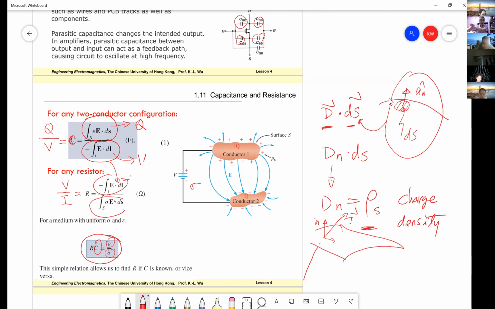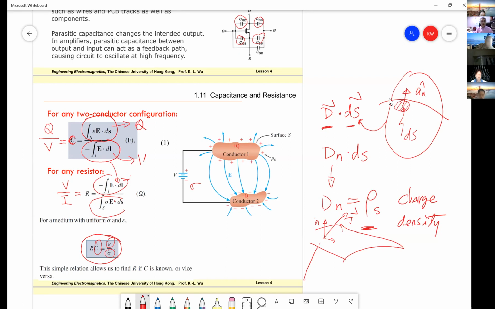But still, you can find the resistance between the two electrodes according to this. You find the capacitance first, right? So that is a general expression that can help us to find resistance.